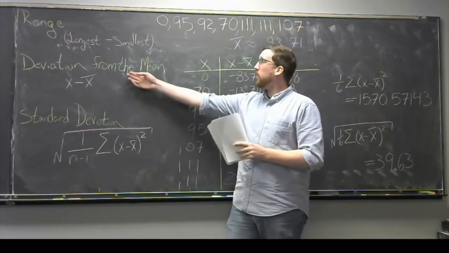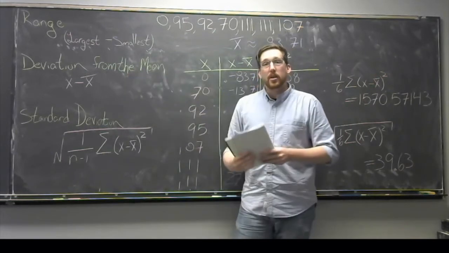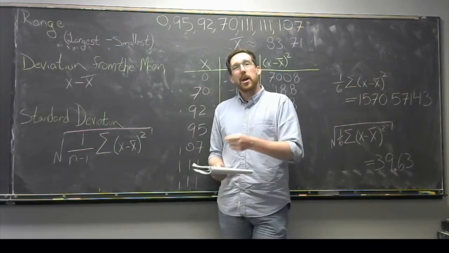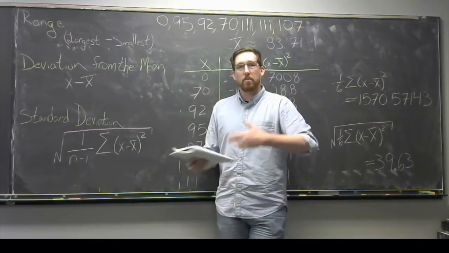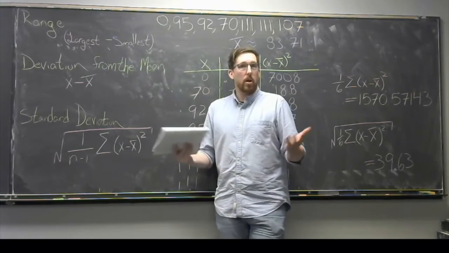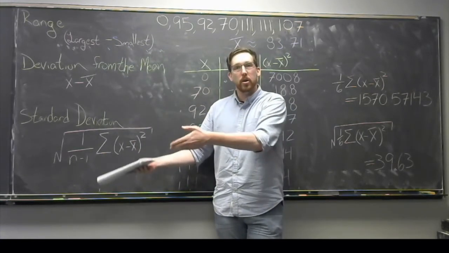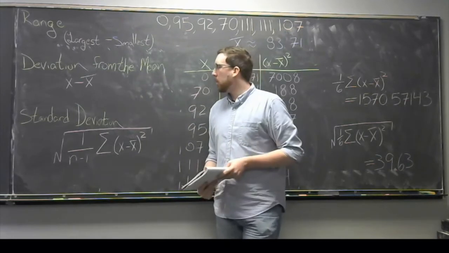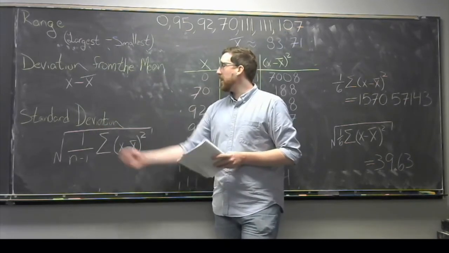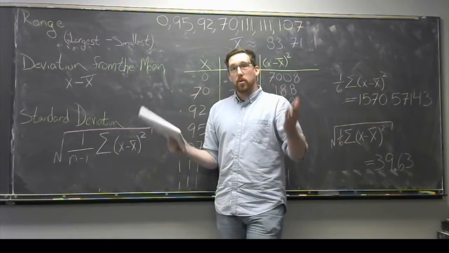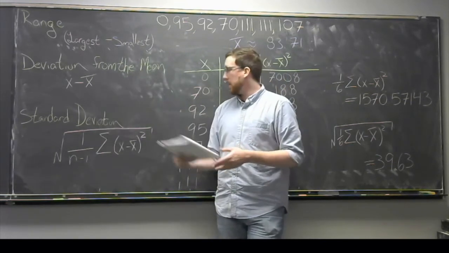The deviation from the mean says, let's look at any one particular data point and look at how far it is from the mean. So, how far does it deviate? What is its deviation from the mean? Standard deviation, on the other hand, is a little bit more involved, and it considers all of the deviations from the mean.